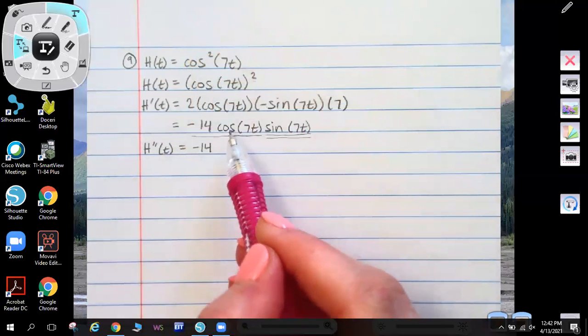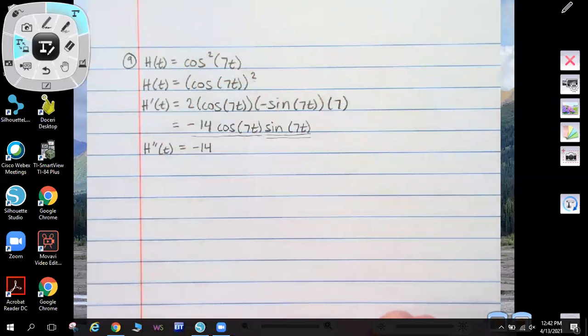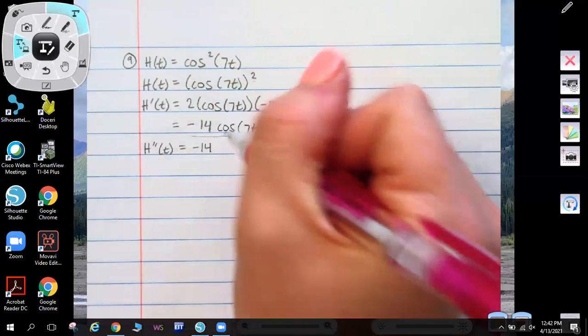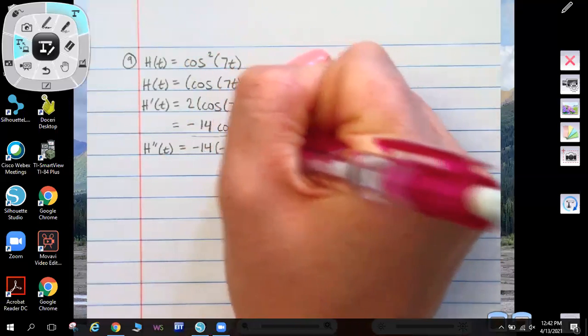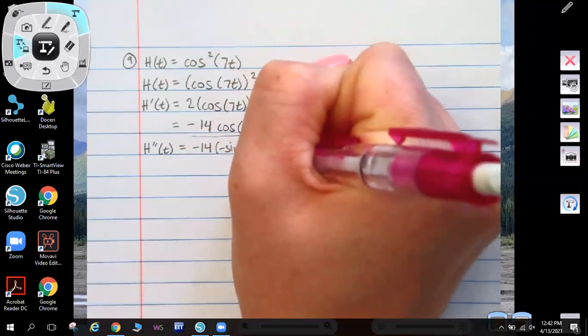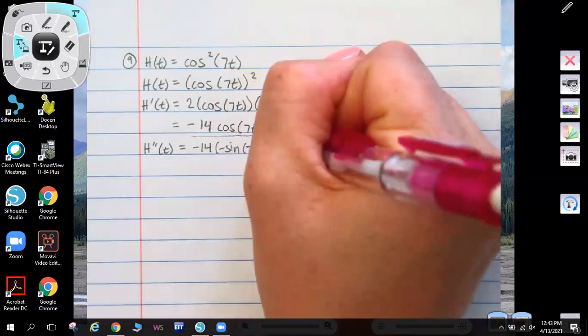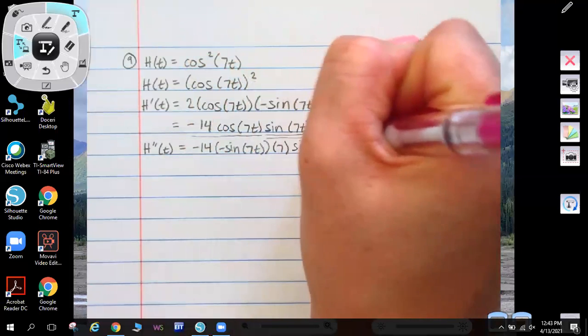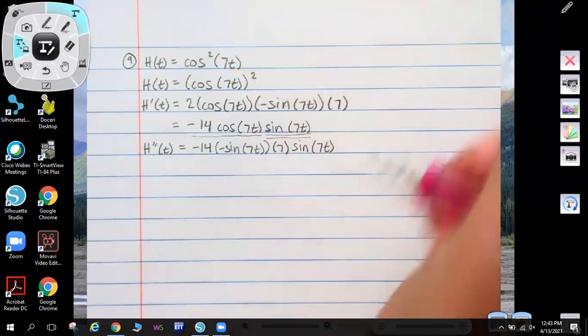The derivative of cosine of 7t, we'll have to use the chain rule again. The derivative of cosine is negative sine. And that has to get multiplied by the derivative of 7t, which is 7, times the second function as is, so sine of 7t.